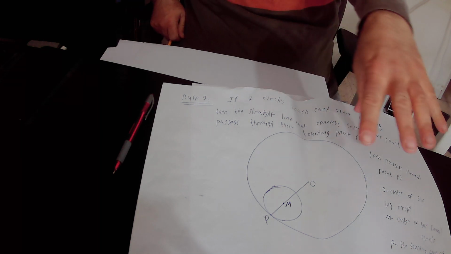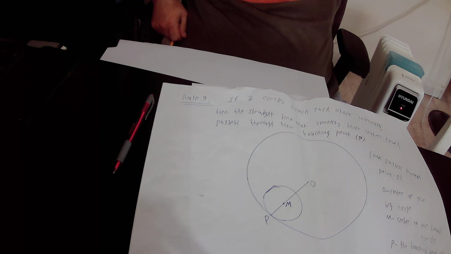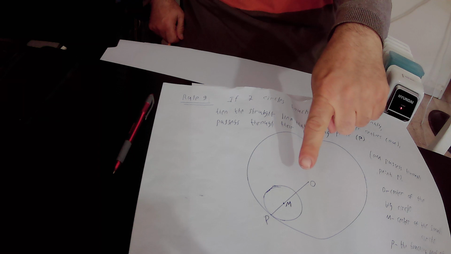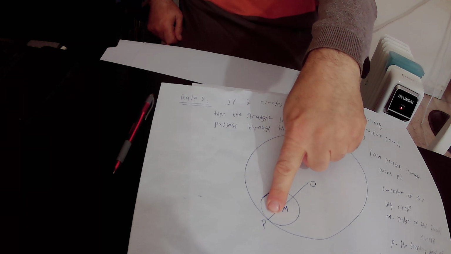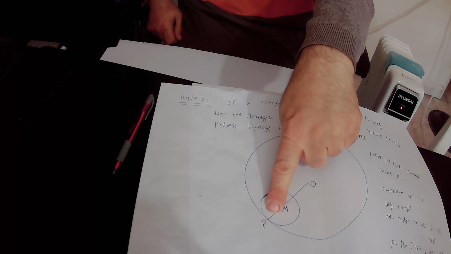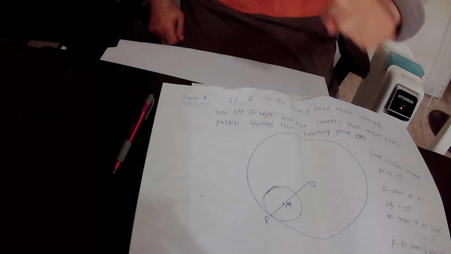So in the drawing we have two circles. The small circle touches the big circle at this point, point P, or point P is the touching point between the two circles, or point P is the point of tangency between those two circles.